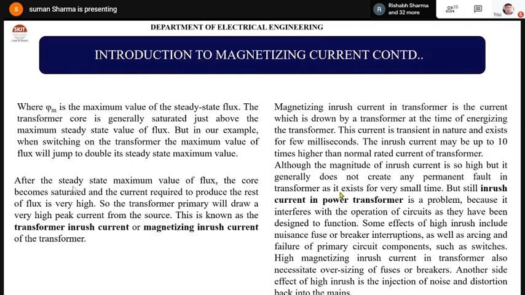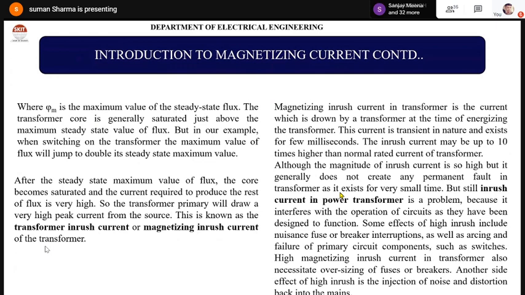After the steady state maximum value of flux, the core becomes saturated and the current required to produce the rest of the flux will be very high. So the primary will draw very high peak current from the source to develop this much value of flux, 2 phi m. So that inrush of current is called the magnetizing inrush current of the transformer.